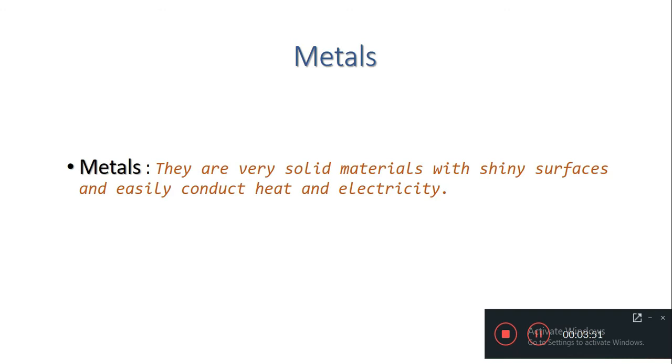So it may be brown, it may be silver in color, but the surface should be shiny and look very, very new. Metals should also conduct electricity and heat. When you have a material that is not able to conduct heat and electricity, we don't classify it as a metal.